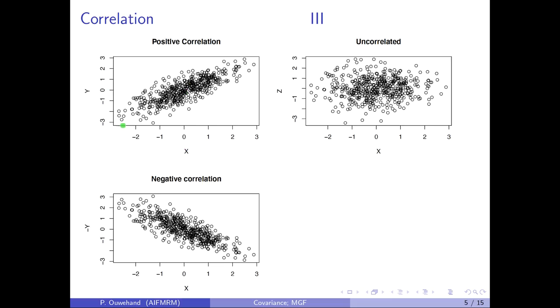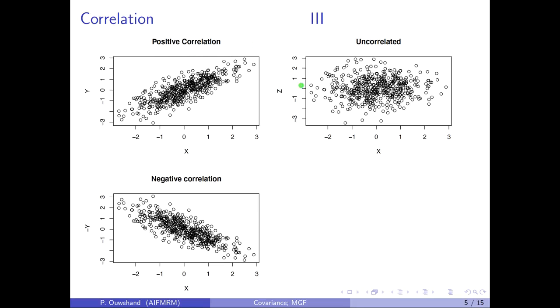Now the data lies along this line here, and this means that if x is larger than its mean, then on average y is larger than its mean as well. The same is true if x is smaller than its mean. In that case, y is smaller than its mean as well, on average. And therefore, in this case, the covariance is positive. And since covariance and correlation have the same sign, we have a case of positive correlation.